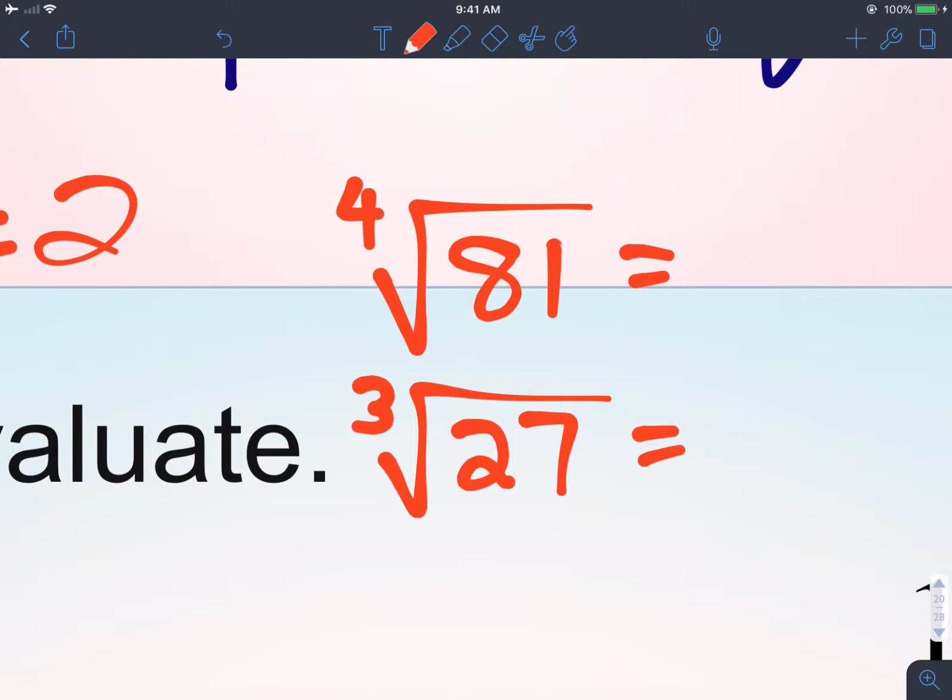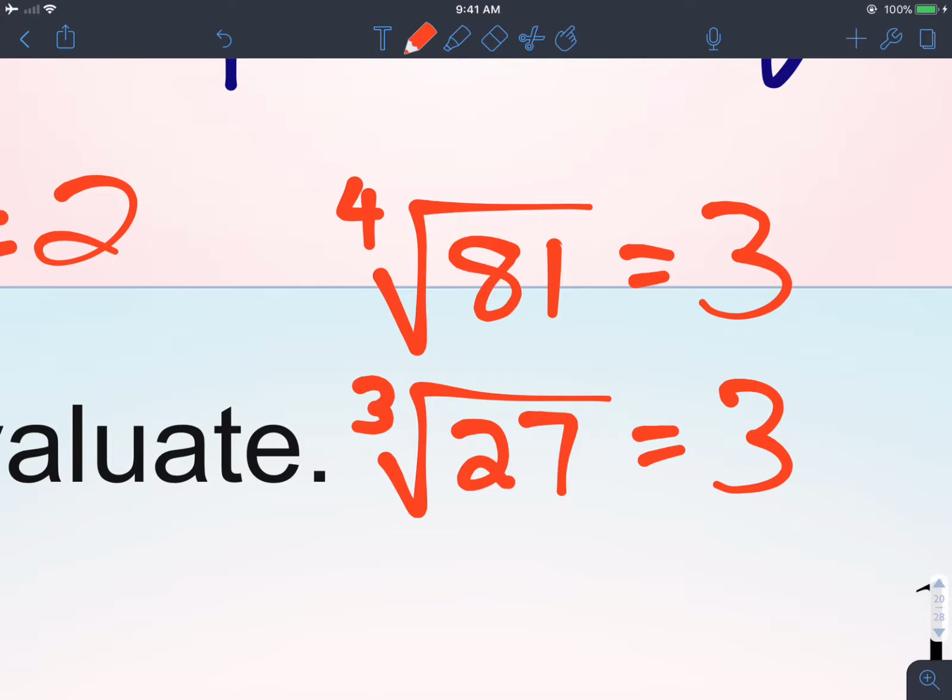What number multiplied together 4 times itself will give you 81? The answer is 3. How about the third root of 27? Also 3.